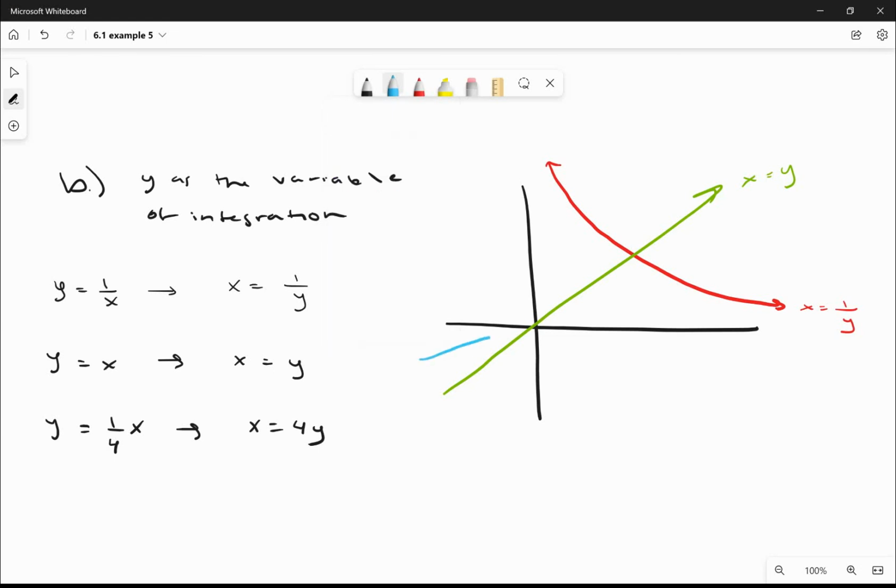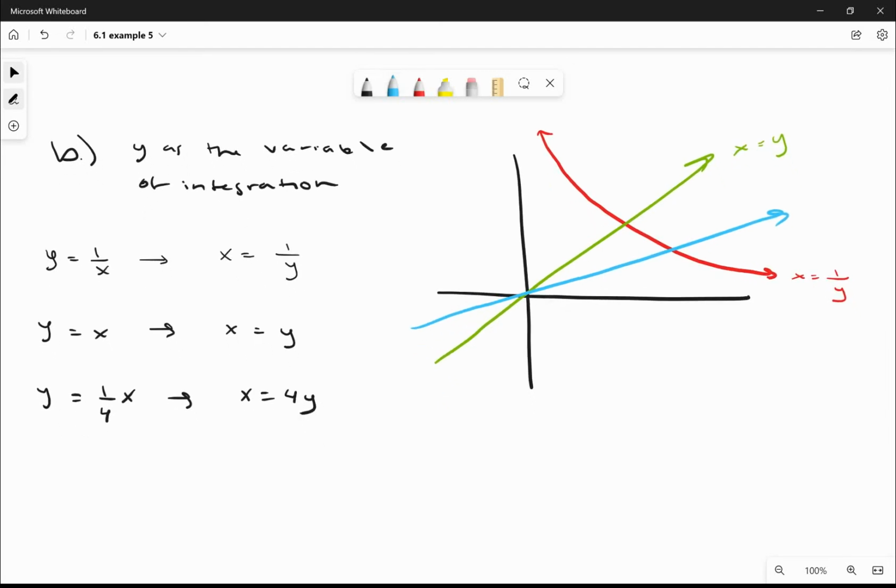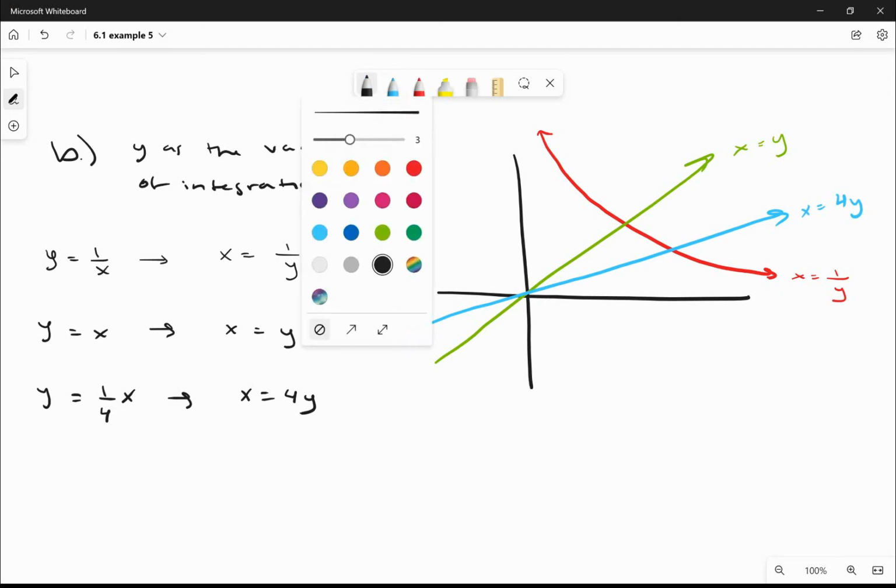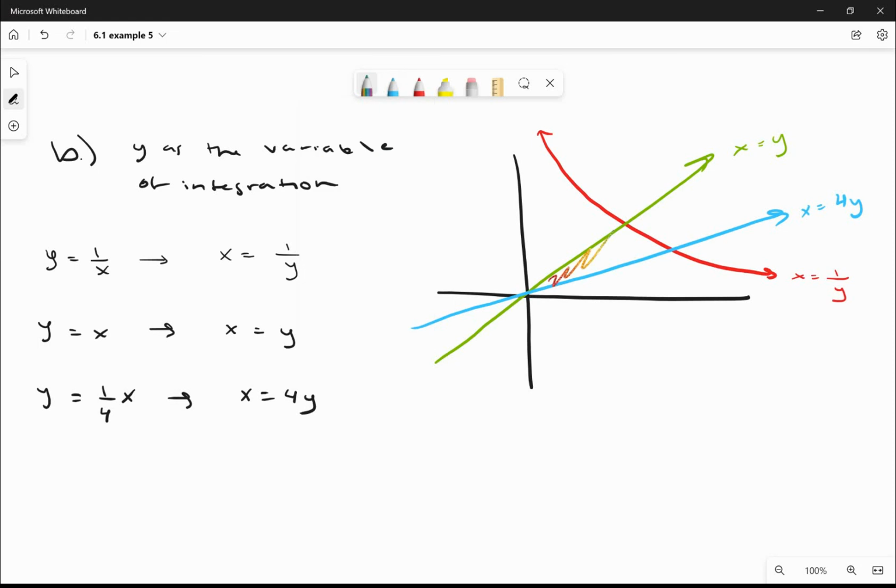It looks like this, and we're not going to mention that portion in the third quadrant because we don't care about that part. Although if we did, then we could just by symmetry double what we get for the first quadrant. So we have this region here, and we want to find the area.